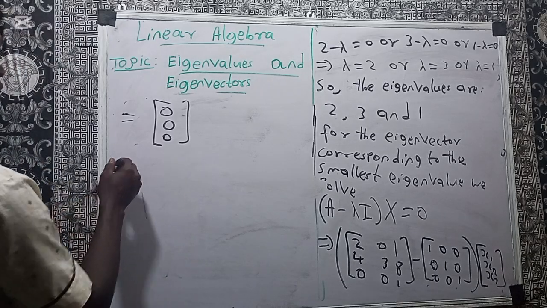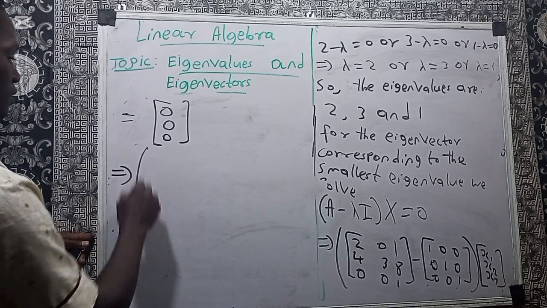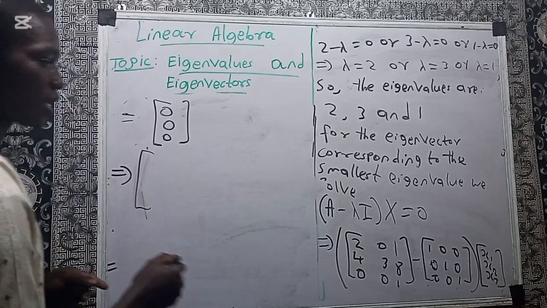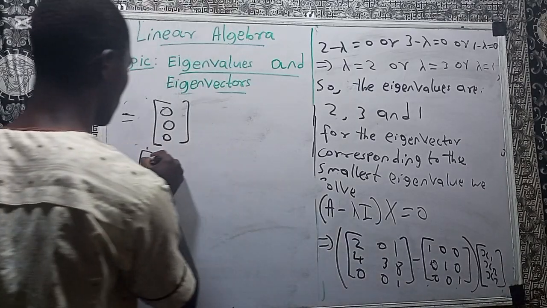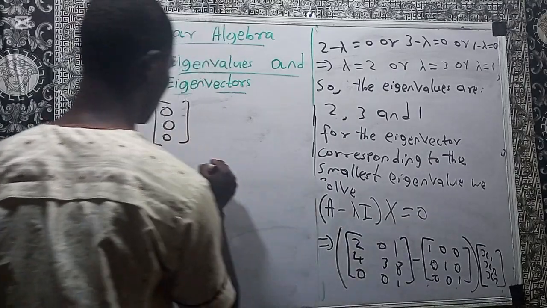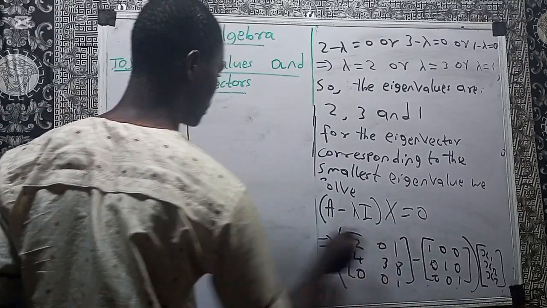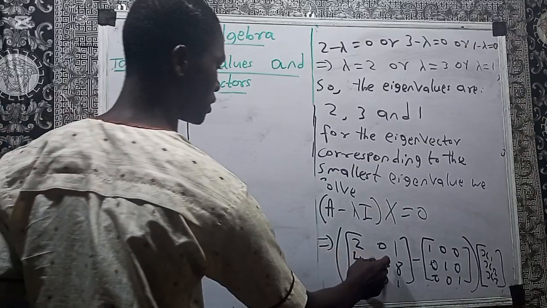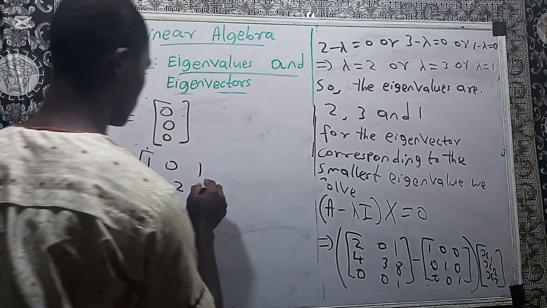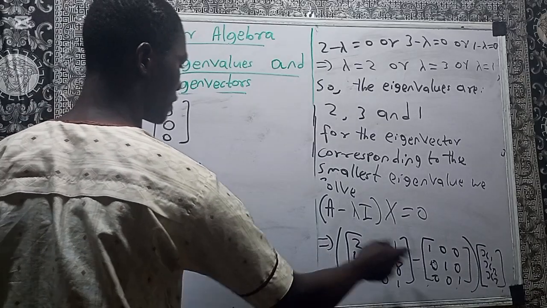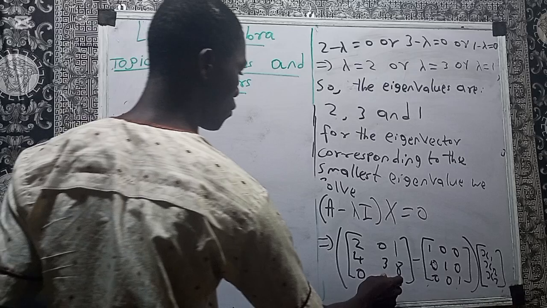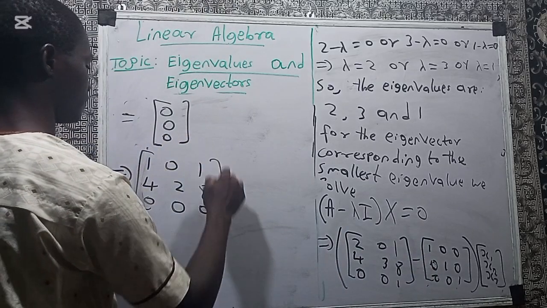So we continue the solving. This implies, okay, we can just subtract, right? 2 minus 1 is 1, 0 minus 0 is 0, 1 minus 0 is 1, 4 minus 0 is 4, 3 minus 1 is 2, 8 minus 0 is 8, 0 minus 0 is 0, 0 minus 0 is 0, 1 minus 1 is 0.